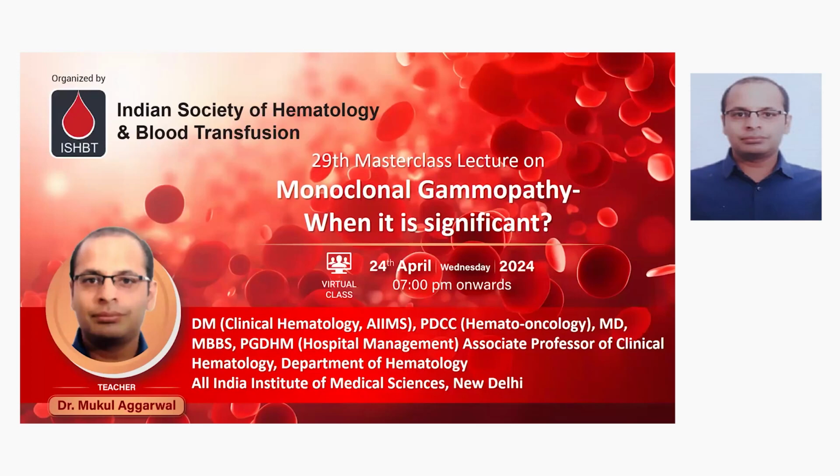Okay, so the next is: if M protein is less than 3, but plasma cells in the marrow are around 20%, how to proceed? Okay, if the plasma cells are more than 10%, you are dealing with smoldering myeloma. In those scenarios, the quantity of M protein may not matter. You go by symptoms.